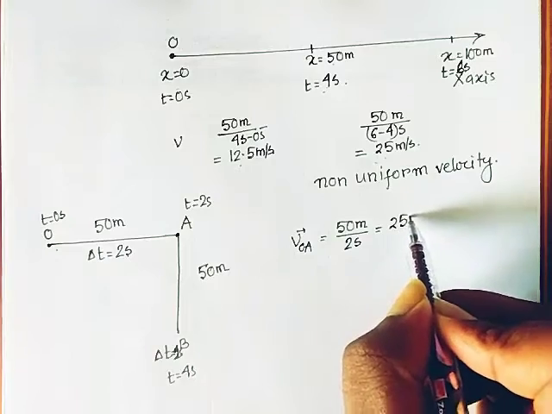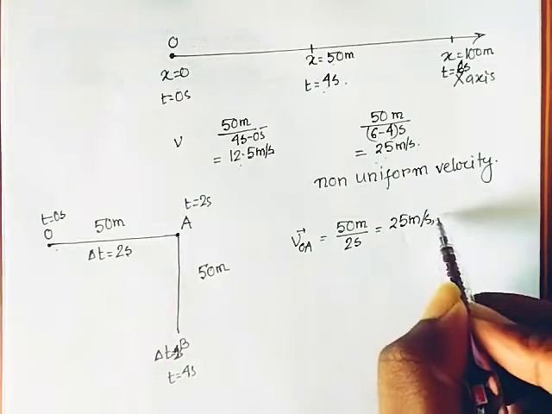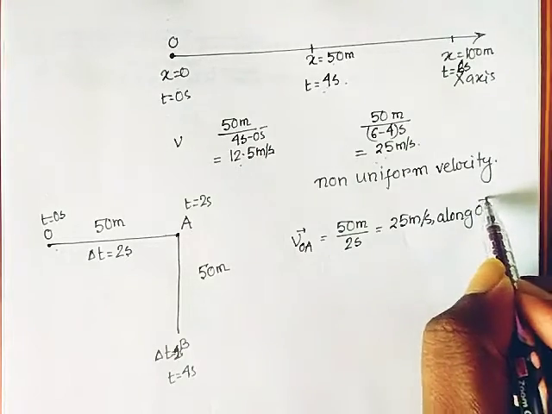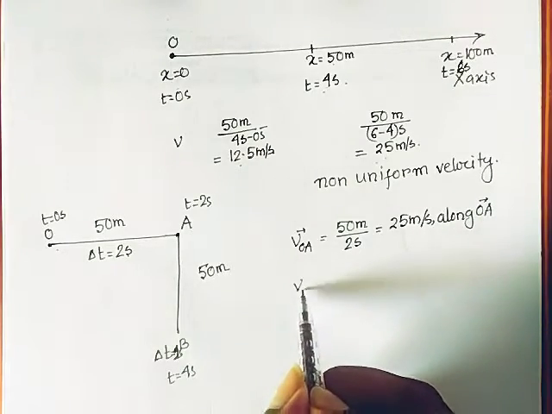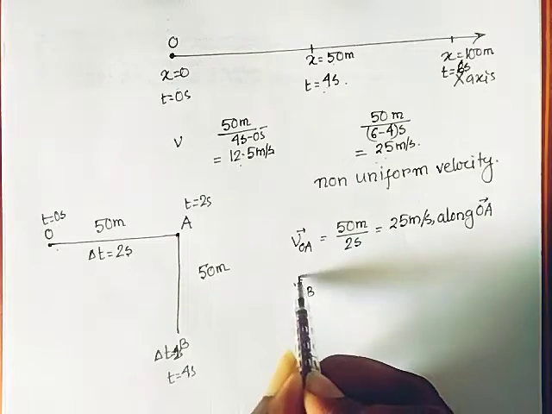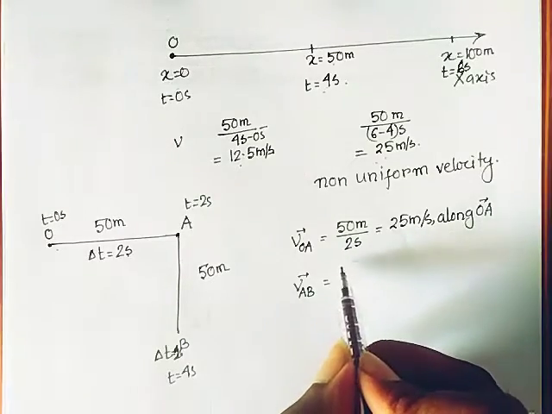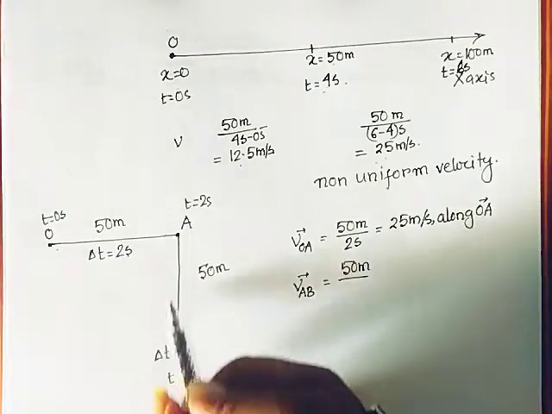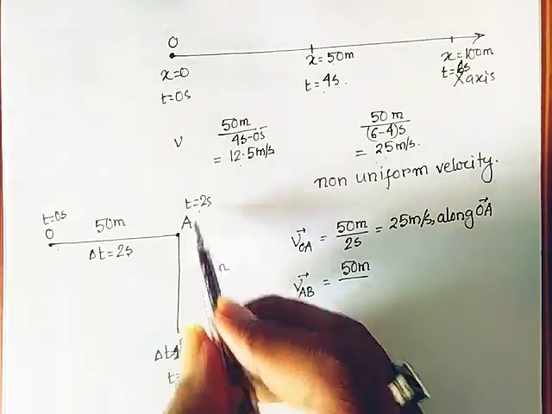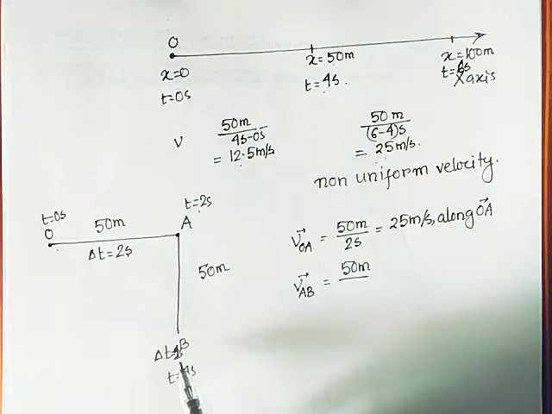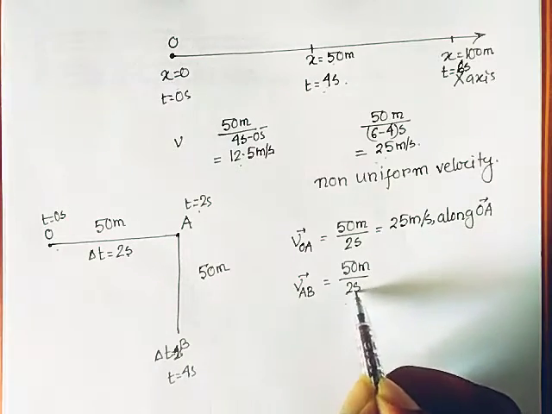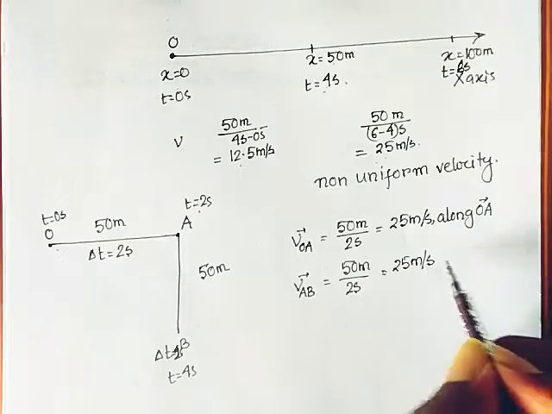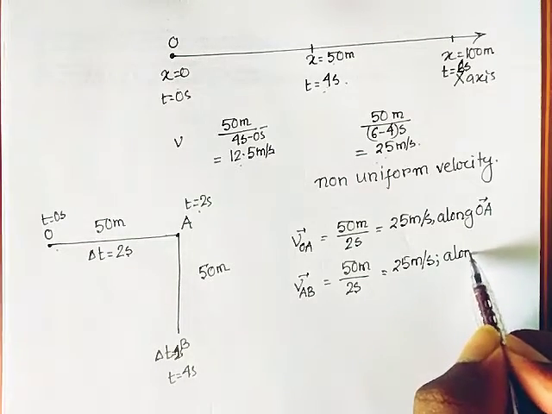So it will be 25 meter per second along O to A. Now if I calculate the section for A to B, then it will be 50 meter again. Time interval is t equal to 2 second to 4 second, the time interval is again 2 second. So it will be 25 meter per second, but it is along AB.